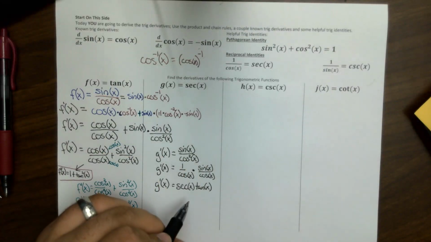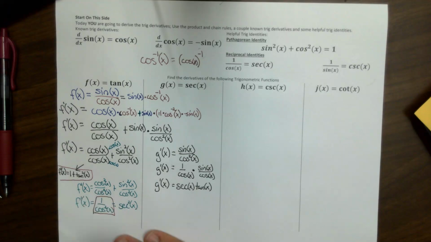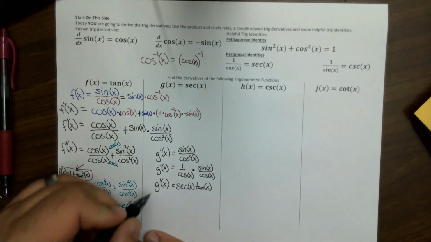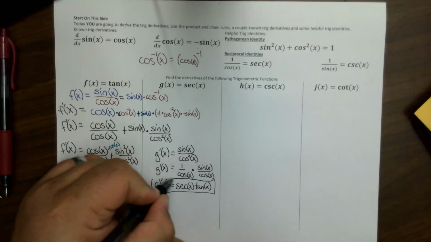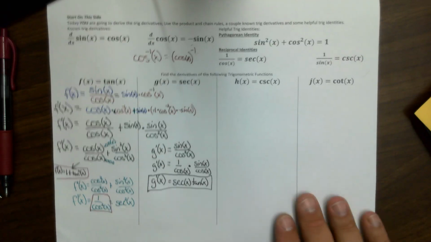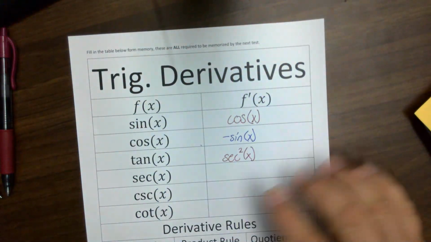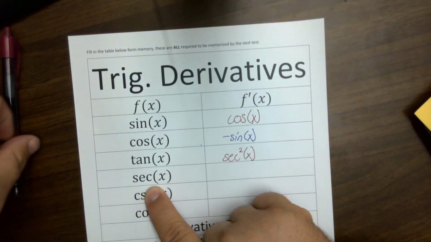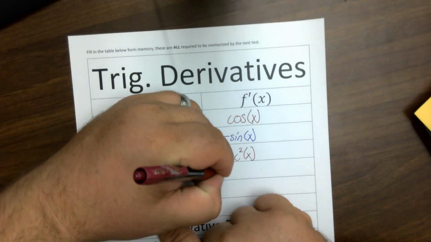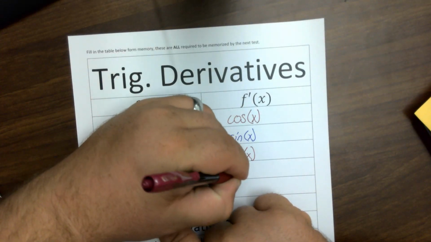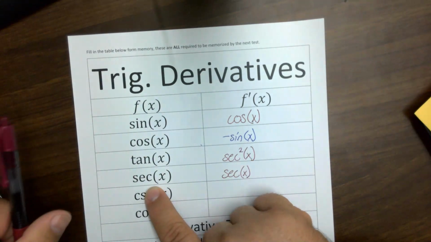And that is written on the back wall. Okay. All right. Sneaky, sneaky, Mr. Emmons. Secant. Derivative is secant times tangent.